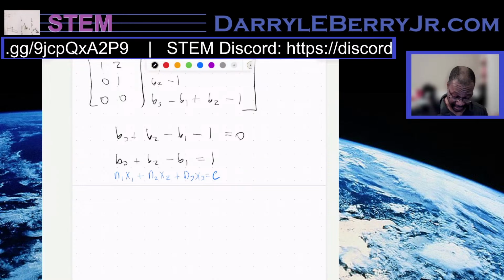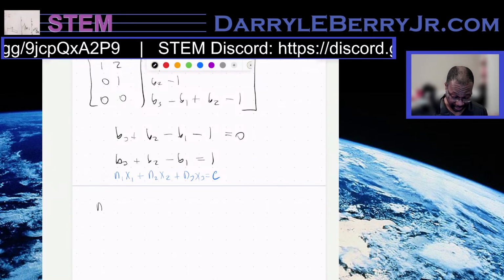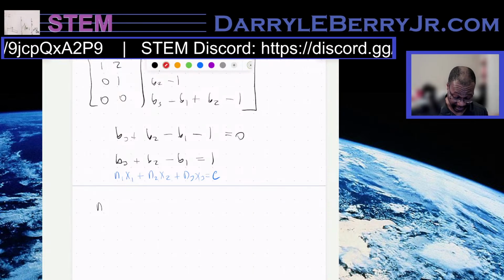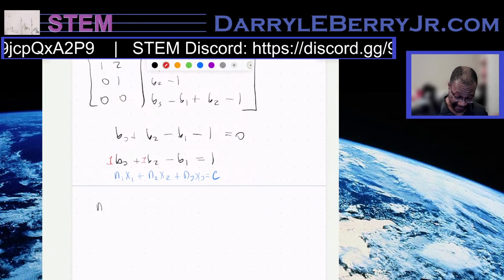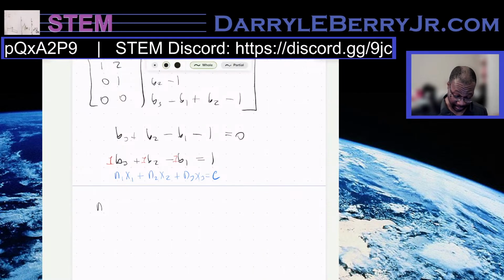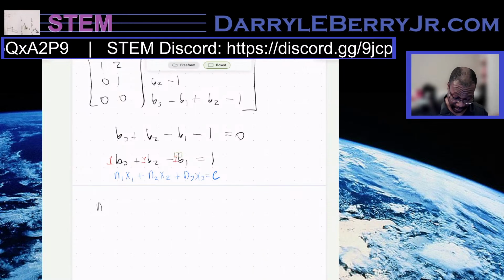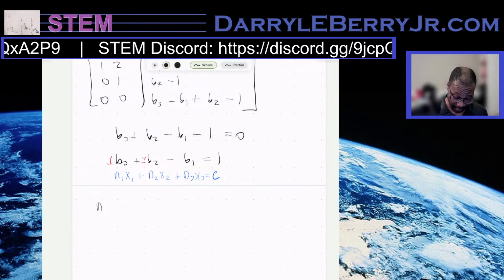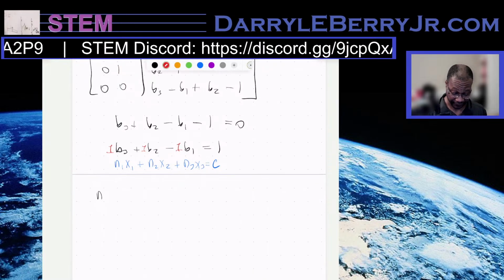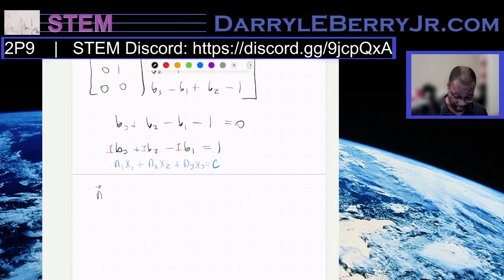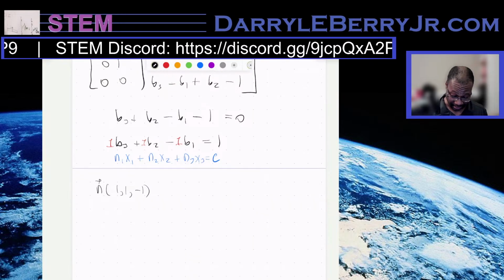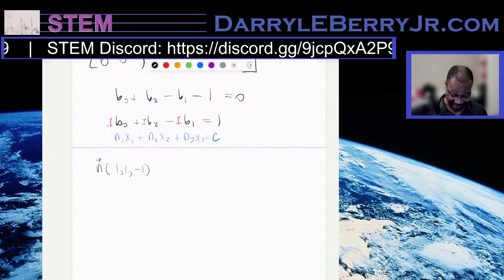So what I would say is my normal vector, because of course if there's nothing in the front, I have a 1 here, I have a 1 here, I have a 1 here, and I have a 1 here, no coefficient in the front, so that means my normal vector is 1, 1, negative 1, and now I have my plane.